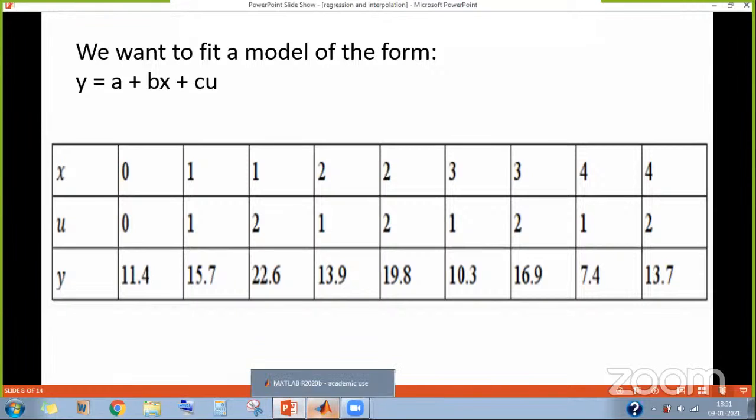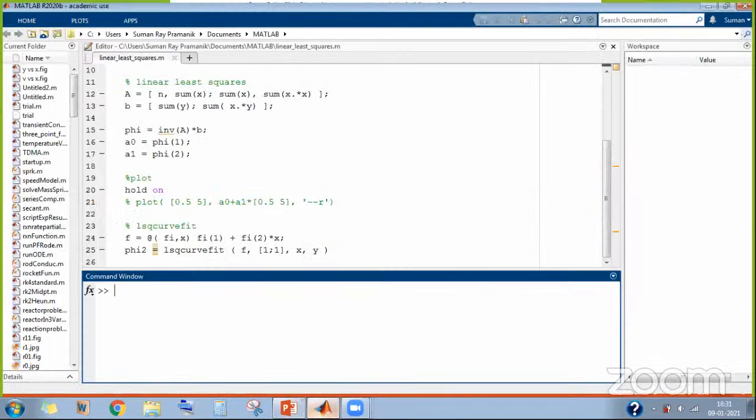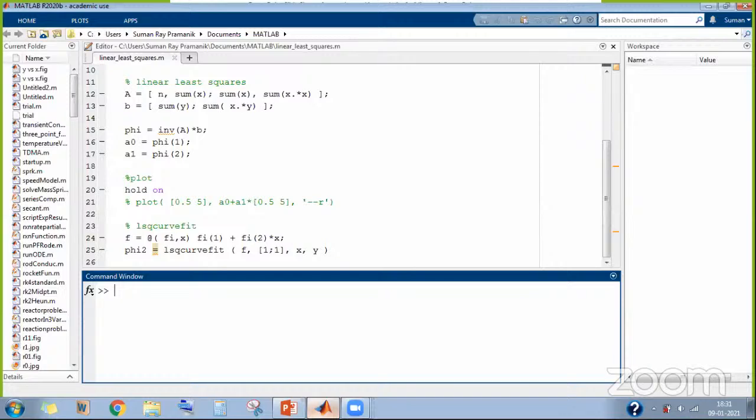Let us go back to MATLAB. Once again, I have already created the data points under linear regression, multiple.